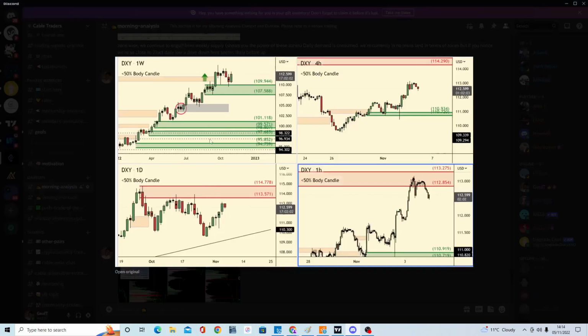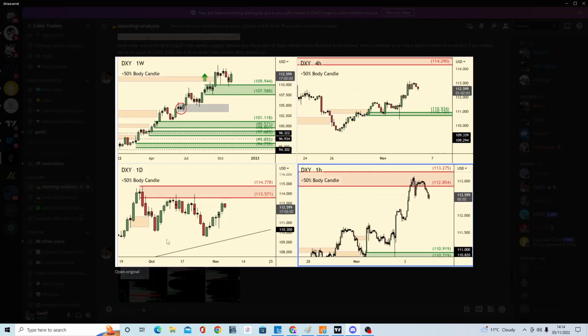DXY, opposite picture. We are reacting off weekly demand. It's trending up, so that's kind of a corollary to GU. It's the opposite, right?